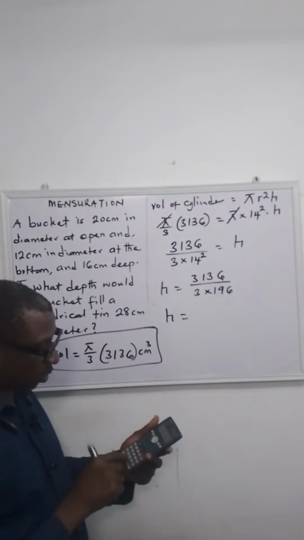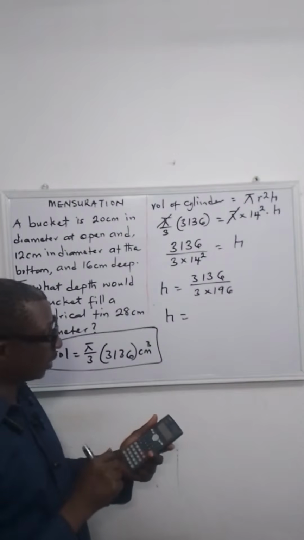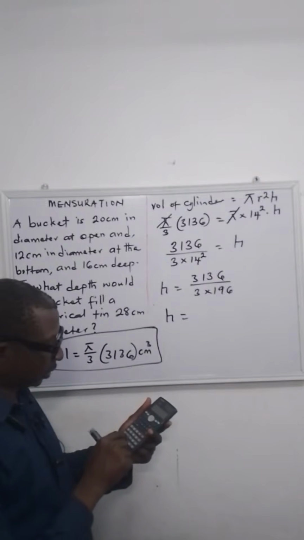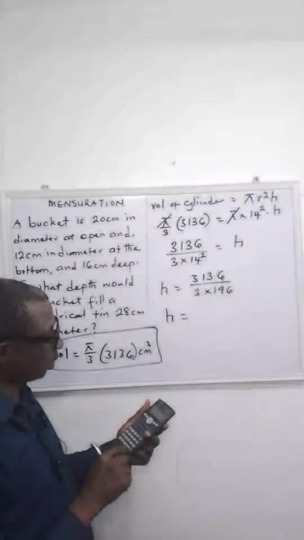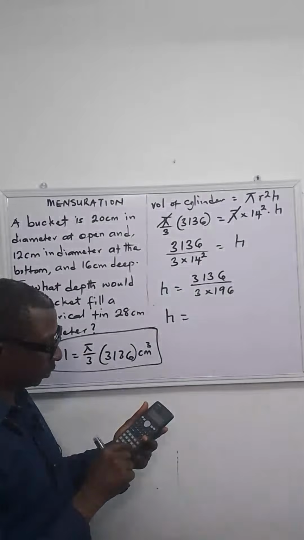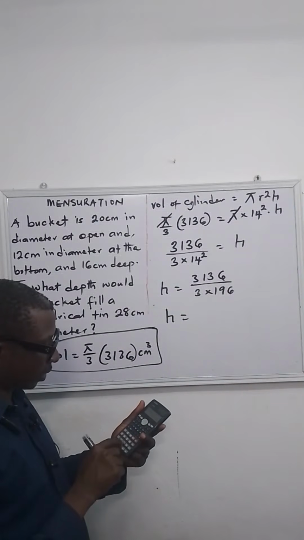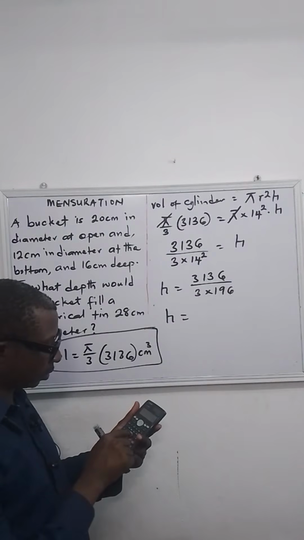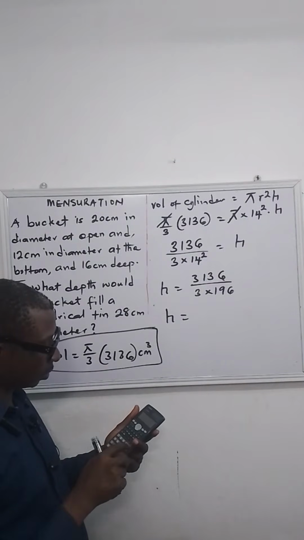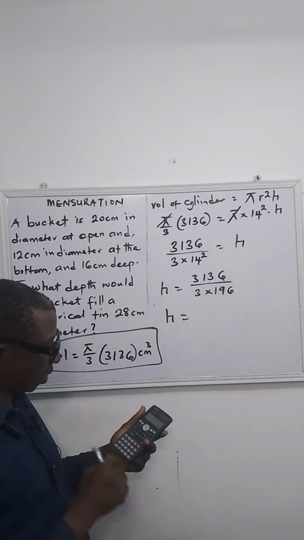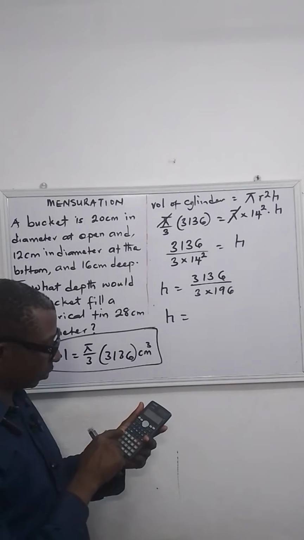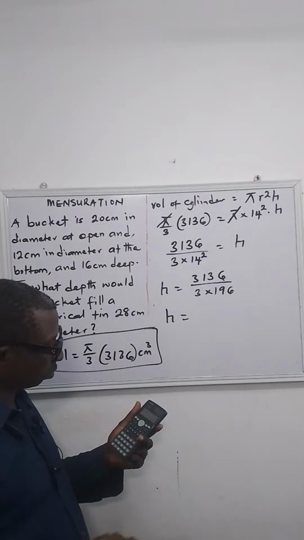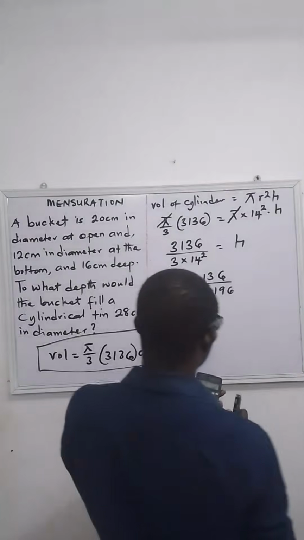All right. 3,136 divided by what we have there, that's 3 times 196. Let's see what we have.